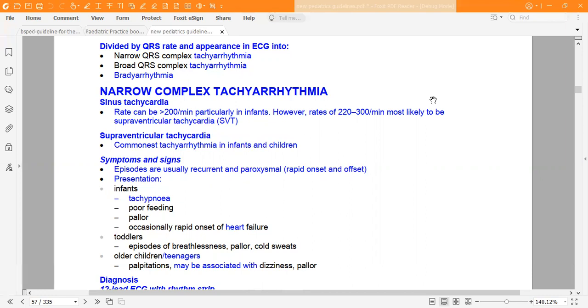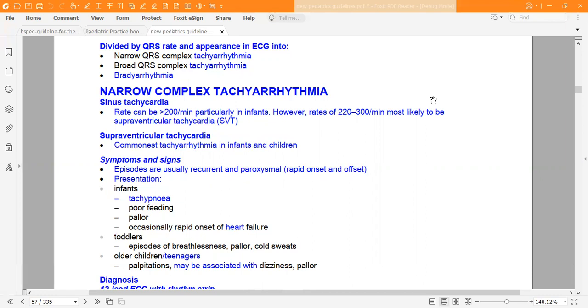We have sinus tachycardia. The rate can be more than 200 per minute, particularly in infants. However, rates of 220 to 300 per minute are most likely to be supraventricular tachycardia.